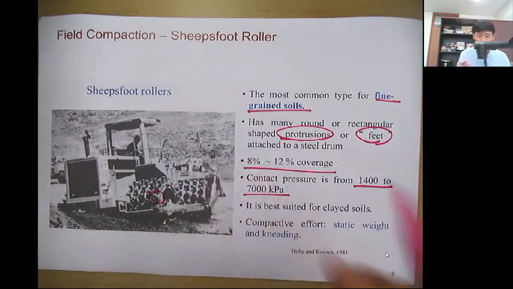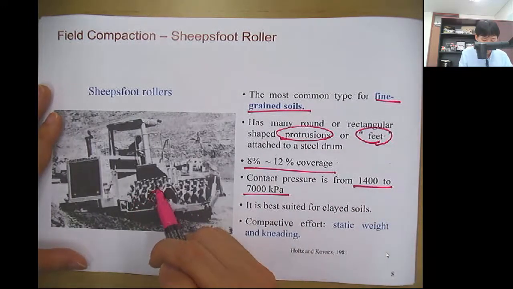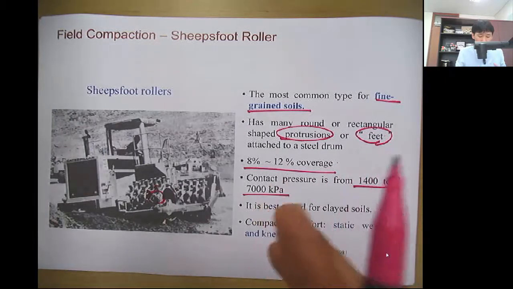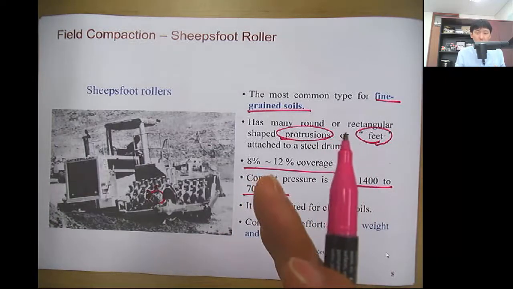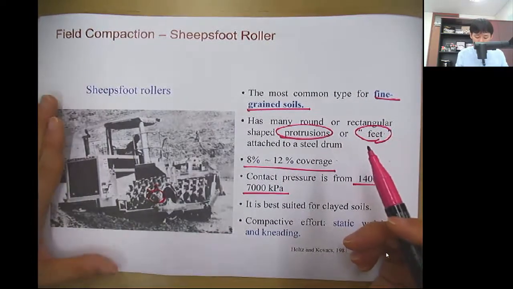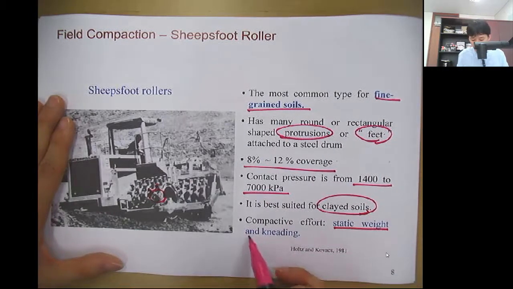So for the kneading effect, it has a very high contact pressure. Also, it has a small contact area, so for a given weight, the weight is concentrated in a certain area so that you have a high contact pressure. It's best suited for clay soil. The compactive effort type is steady weight and kneading.